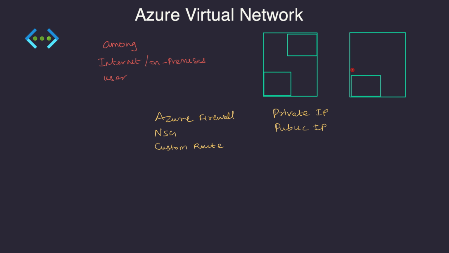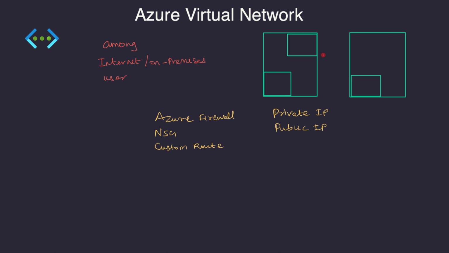Now we have seen that we can have multiple VNets, but in some cases we may want to enable communication between these VNets. So we have some service deployed here and some service deployed here. Yes, it is good to have this isolation, but you might want to have resources separated in two different VNets and still enable communication between them.